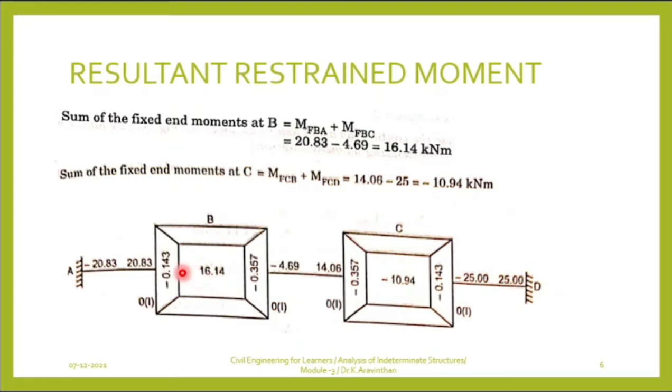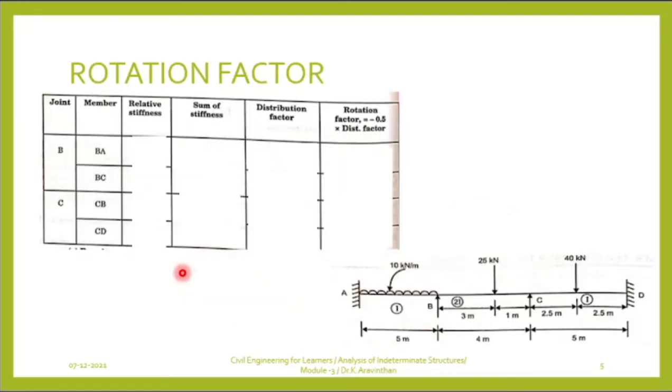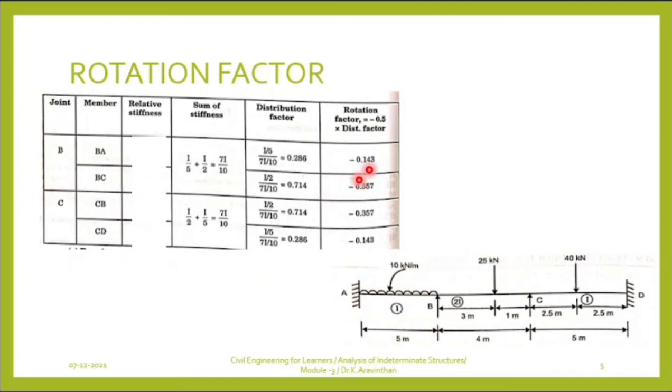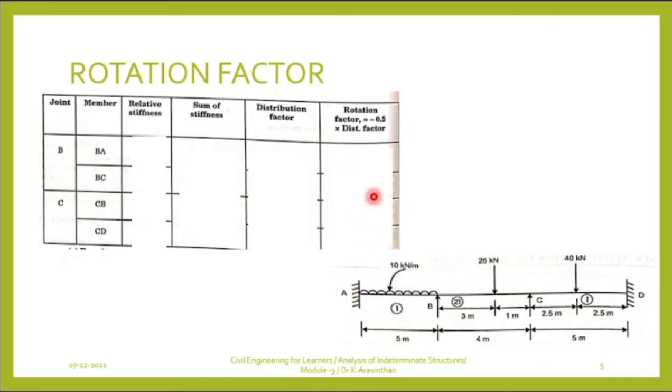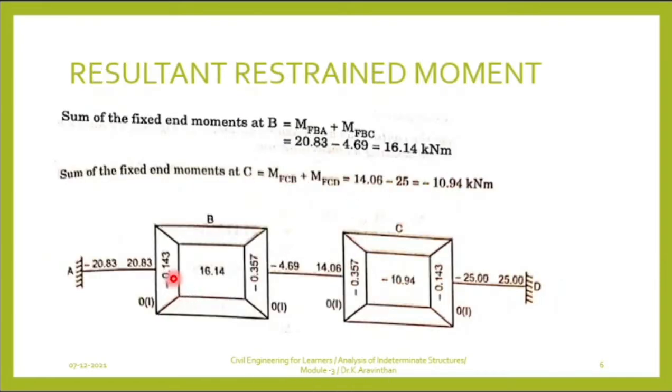You have to write the rotational contribution value. So what is the rotational contribution? What you got already? You got minus 0.143 at BA and minus 0.357. So these are the values. Now you can see here minus 0.143 is written at BA and at BC you got minus 0.357.